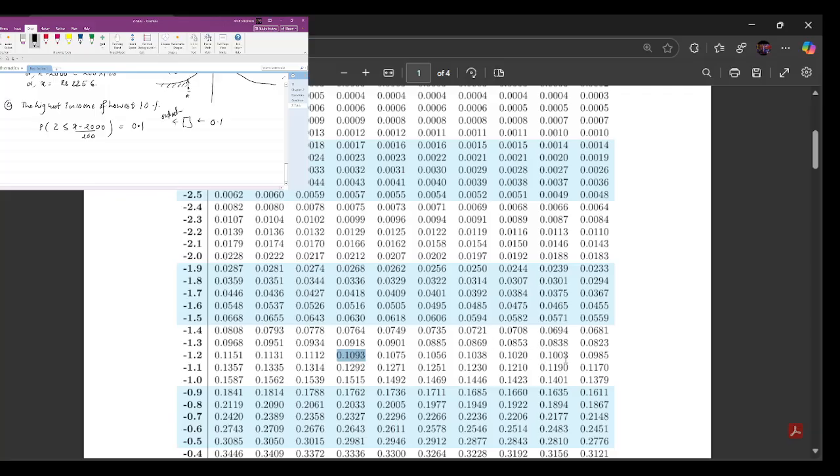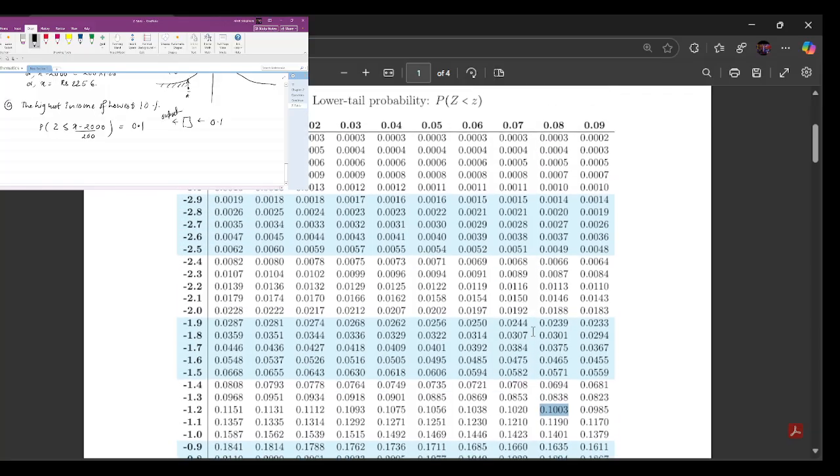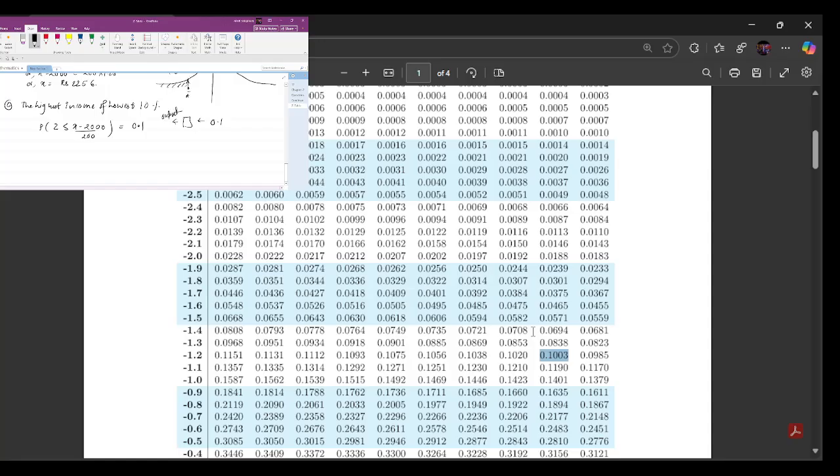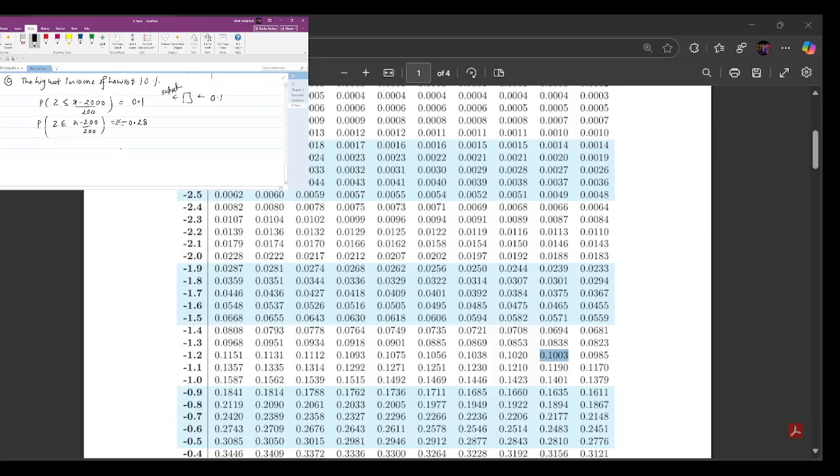Okay, so here it is, the smallest value, and this will be equal to 1.28. So this will be Z less than or equal to (x minus 2000) by 200, and this is minus 1.28.